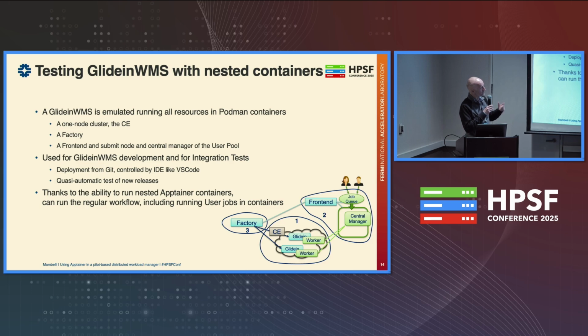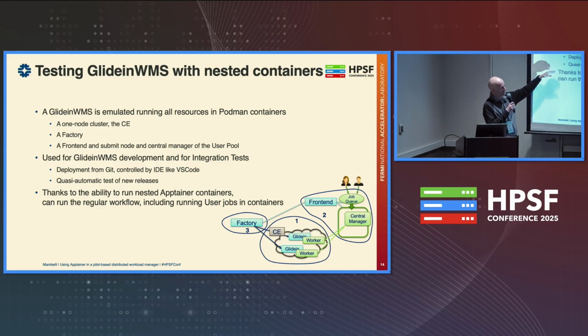And another place where we've been running nesting has been in the testing of the GlideinWMS system itself. At the moment we are testing in Podman containers, mainly because these are more host-replicating containers. So we have even systemctl, and we run multiple processes inside the same container. So we prefer to use Podman for that. But inside it, we run the jobs inside containers using Apptainer, and we run also services, and we can do all the testing.